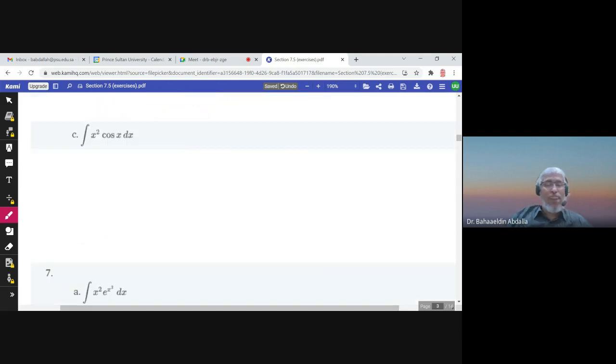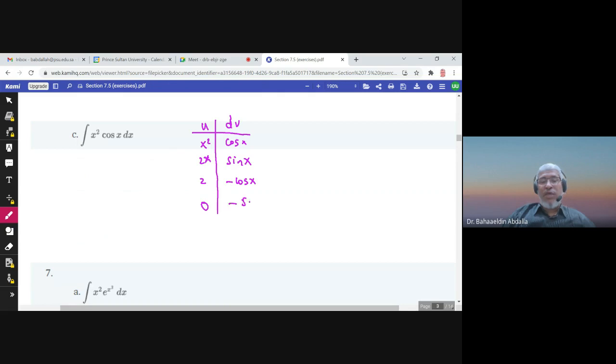Easy to continue. X squared cosine x is also using by parts, but I can use the quick method. I will take u as x squared, and the derivative of x squared is 2x, and the derivative of 2x is 2, derivative of 2 is 0. And dv would be cosine x, and the integral of cosine x is sine x. Integral of sine x is negative cosine x, then negative sine x.